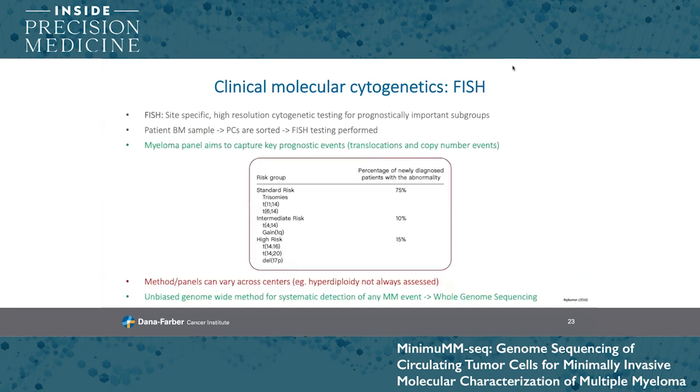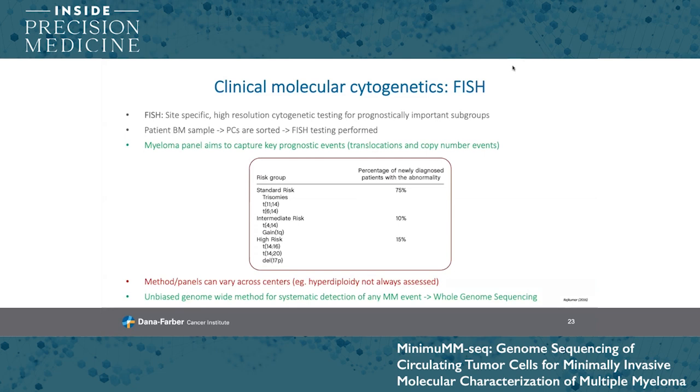As genetic abnormalities are the most important factors present in tumor plasma cells, a myeloma panel aims to capture key prognostic events of these translocations and copy number to assess progression and survival of patients. You can see that these fall under different risk groupings, including standard risk, intermediate risk, and high risk, and include some of the events detected as shown today in our results, such as trisomies, primary translocations, gain of 1q, and deletion of 17p.